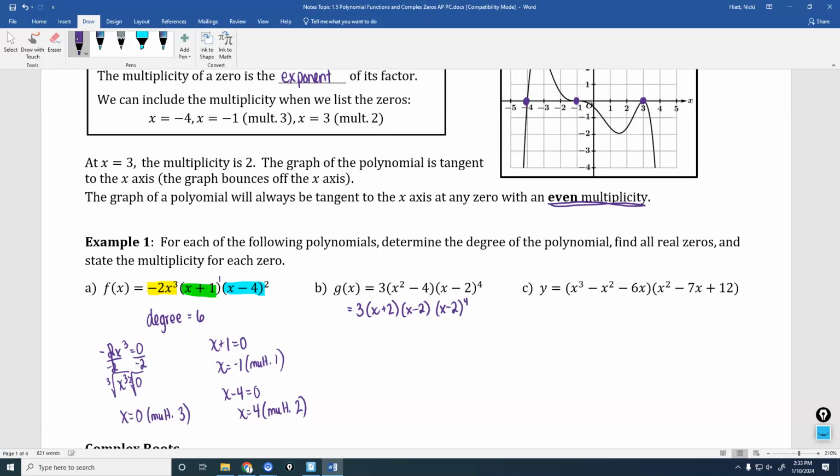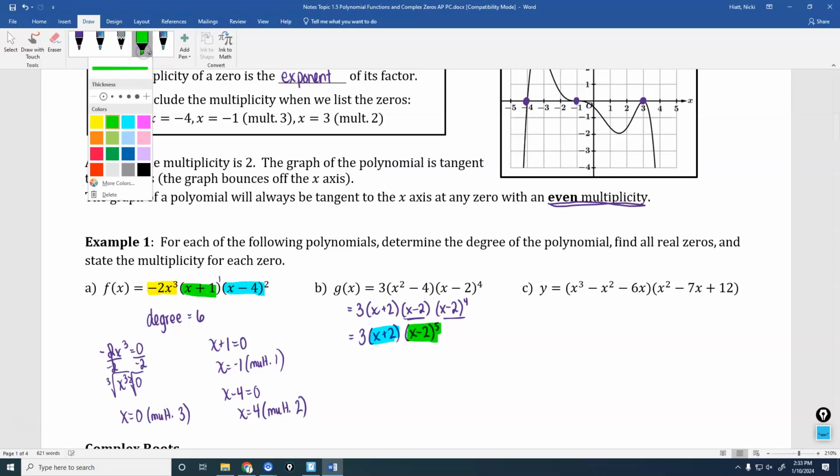Whenever we do that, we actually can combine these two right here, and we'll have 3 times x plus 2 times x minus 2 to the 5th power. So looking at this, we're actually only going to have 2 zeros from this one. We have this part right here, and we have this part.